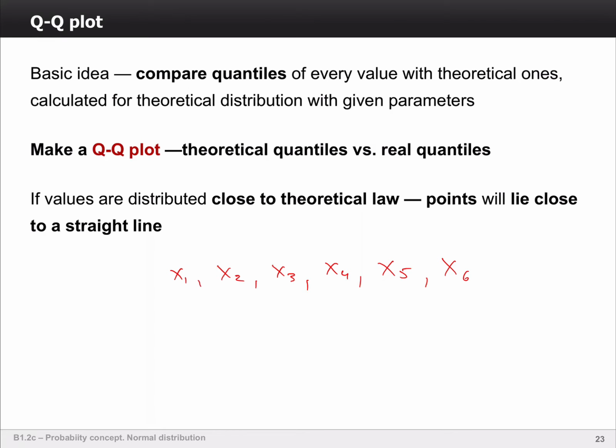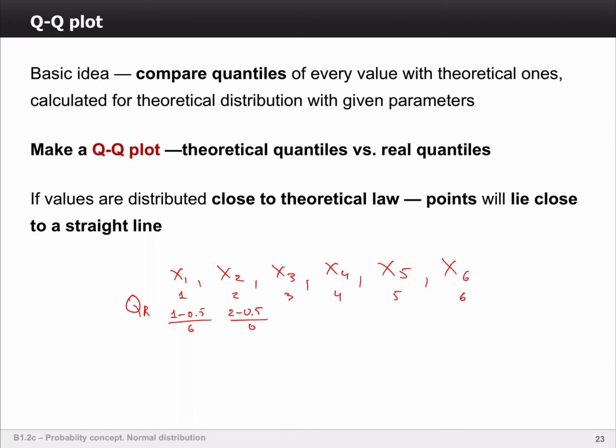So first, you compute the real quantiles, the experimental quantiles, which you know how to do, right? You need some ranks like 1, 2, 3, and then depending on the formula you use, you can calculate it. For example, we use this formula: 1 minus 0.5 over 6, 2 minus 0.5 over 6, and so on.